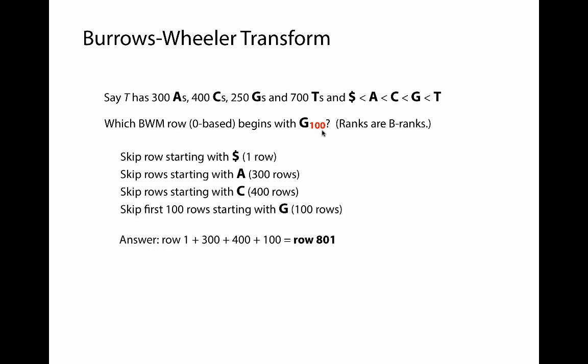So the total adds up to row 801. So we know which row begins with the G of rank 100. Again, not by looking at the first column, but just by understanding the structure of the first column and then counting up. Basically, we had to know the totals for how many times these lexicographically prior characters occurred. But after that, we just summed everything up, and that gave us the row that we're looking for. We know which row begins with G sub 100 after this very simple procedure.